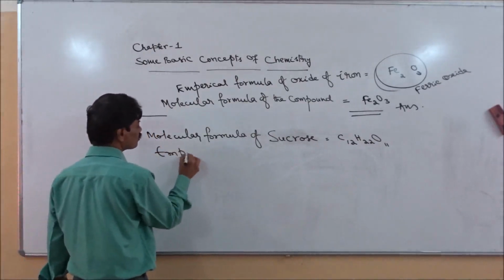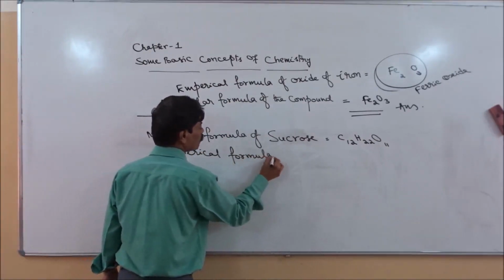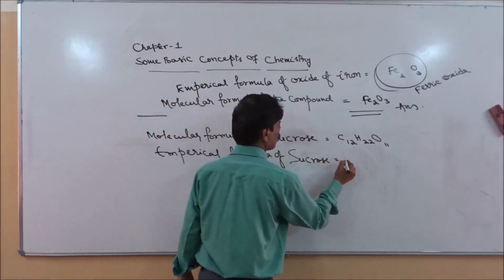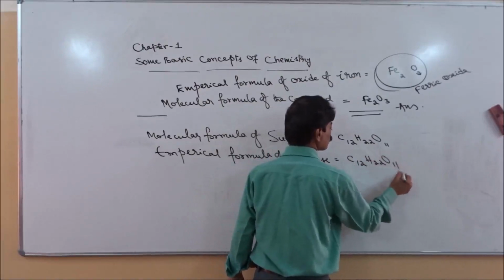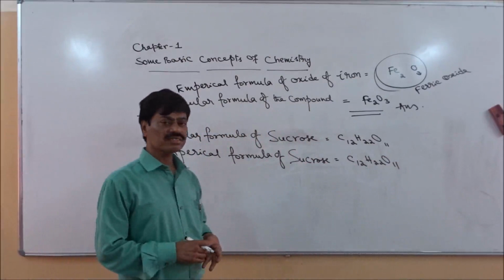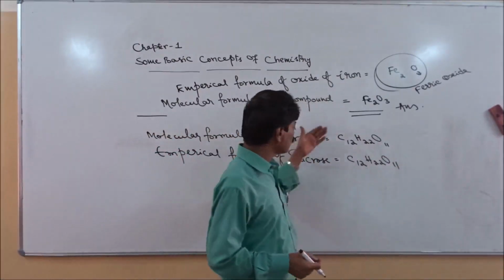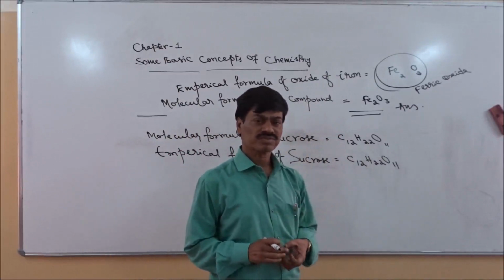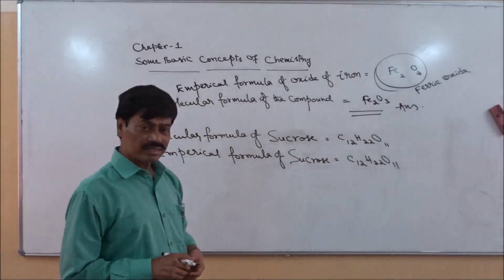So the empirical formula of sucrose is equal to C12H22O11. And in the calculation, n doesn't have any role, I said, because molecular formula divided by empirical formula will give 1. That is unity. So you need not go for calculating the integer value.